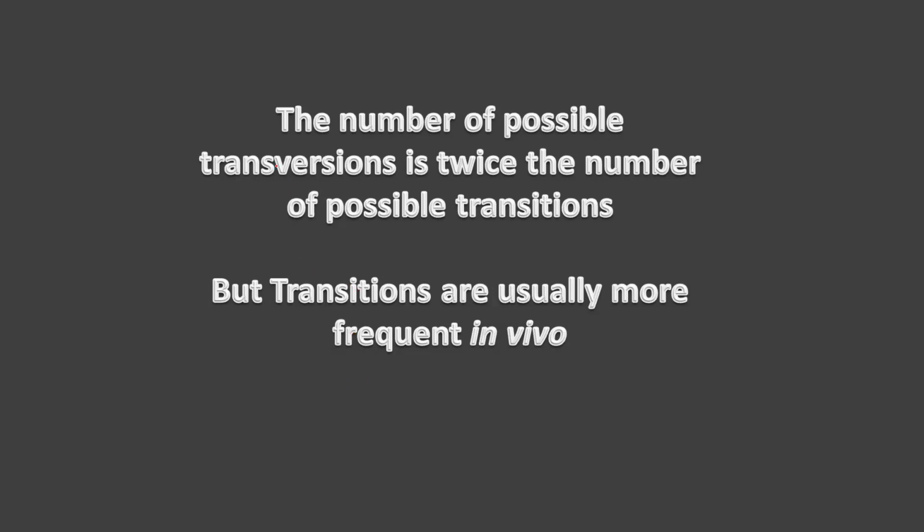So the number of possible transversions is going to be twice the number of transitions, simply because you have two groups, one with 3 bases, one with 2 bases, and they're interacting, versus having a group of 3 and a group of 2 separate, right? Okay. But transitions are usually more frequent in vivo. Does anybody know what vivo means?